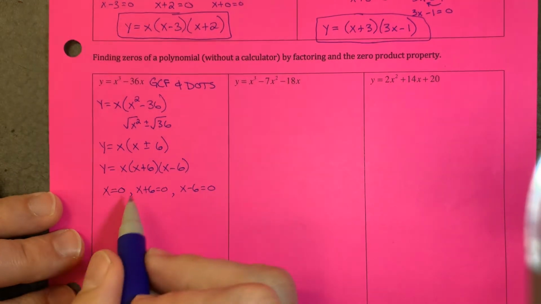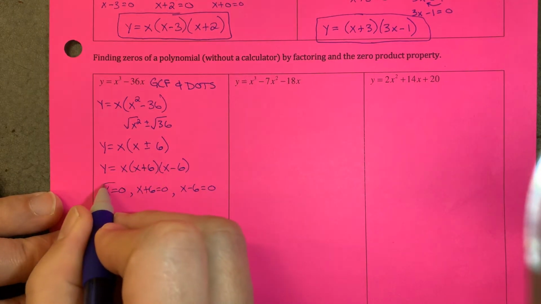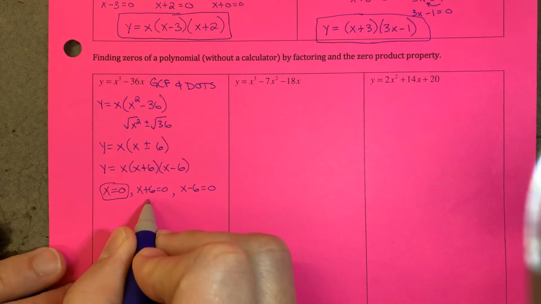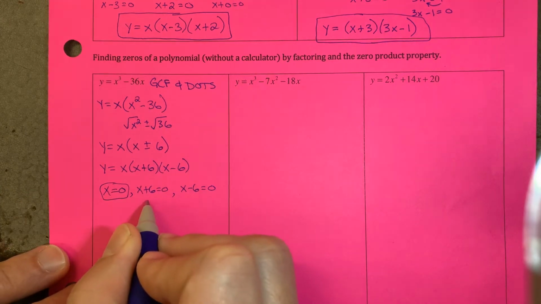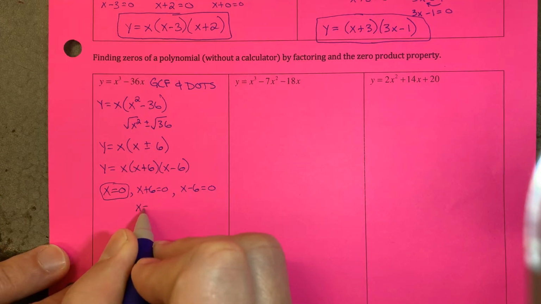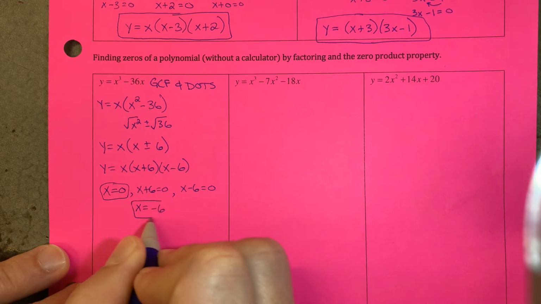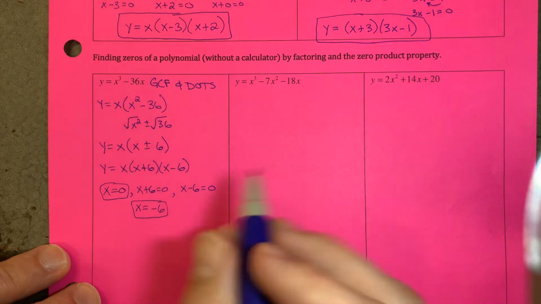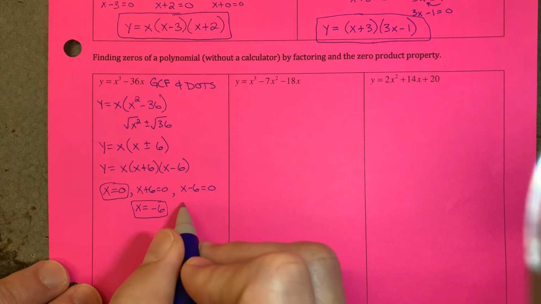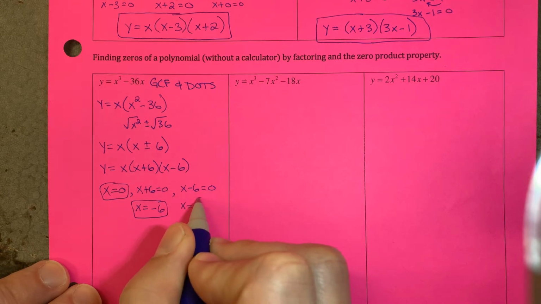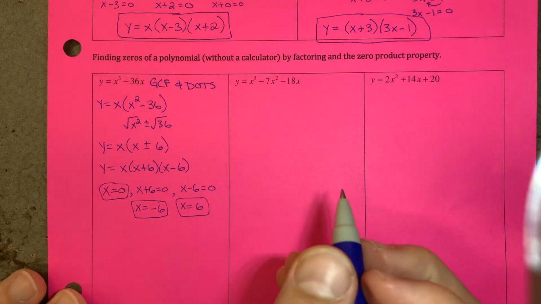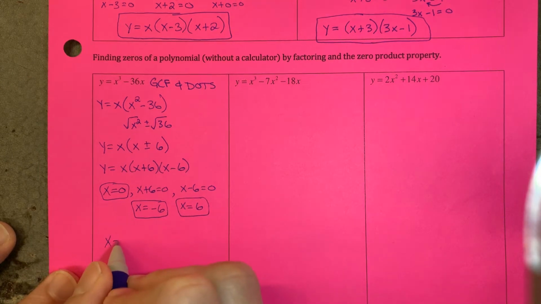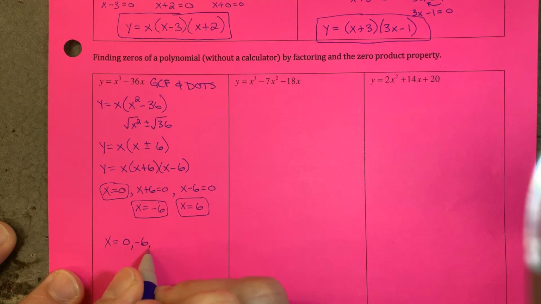For the next one, we would subtract 6 from the other side, and we would get x equals -6. And the last one, you'd add 6 to the other side, and you would get x equals +6. And there you have your three zeros: x equals 0, -6, and +6.